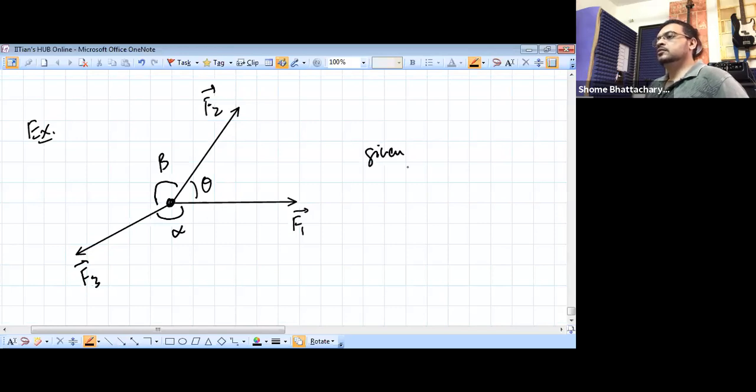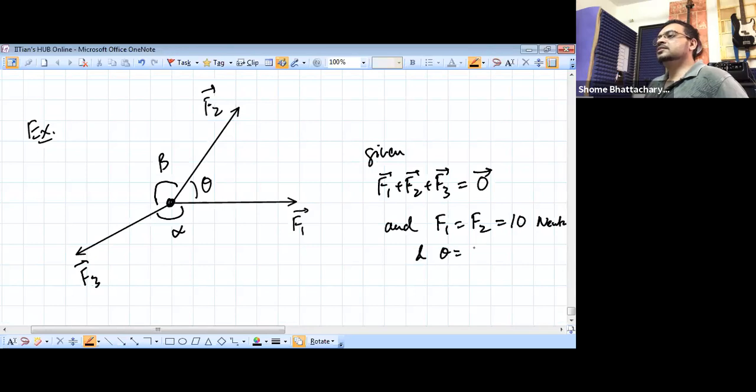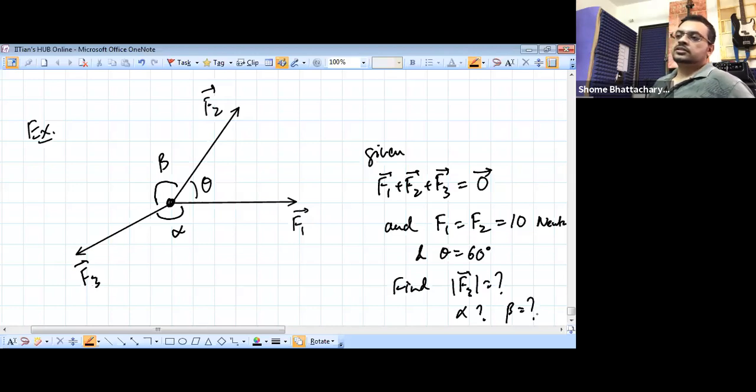Now, given that the resultant of the 3 forces is equal to 0, and F1's magnitude is equal to F2 equal to 10 newtons, and theta is equal to 60 degrees. So find magnitude of F3 and alpha and beta. Okay, so just try this out.